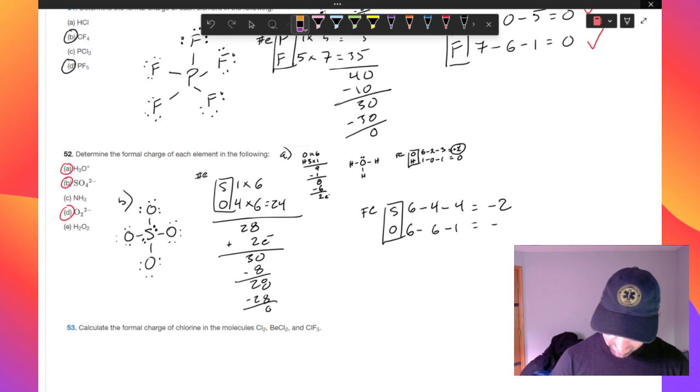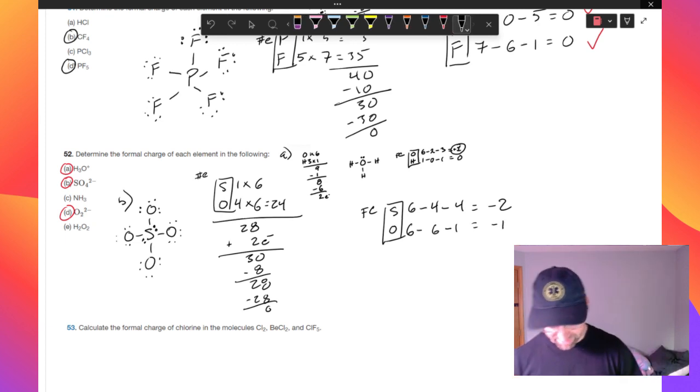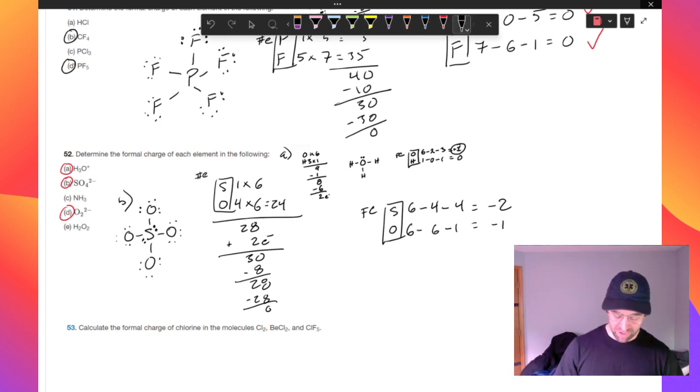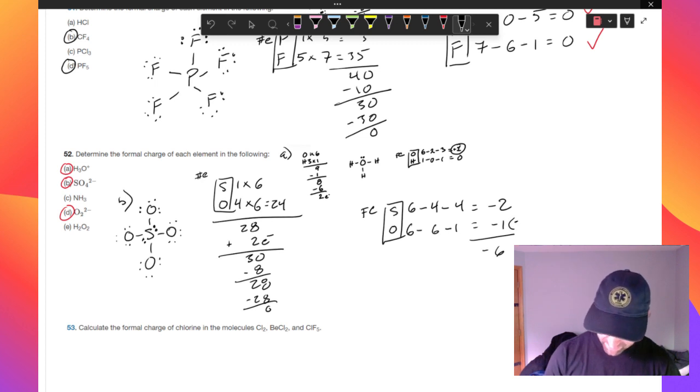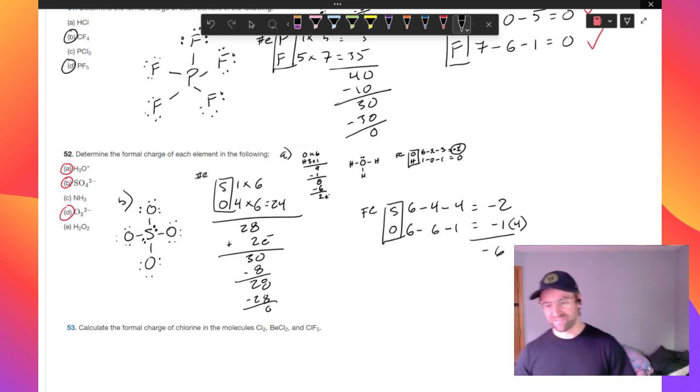Gives us -1 on each of those, which would give us an overall, 1, 2, 3, 4, 5, 6, excuse me, 4 times 4, which would give us an overall -6 charge on this molecule, which we don't have, so this is incorrect.